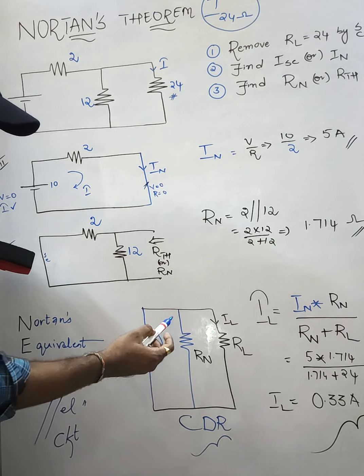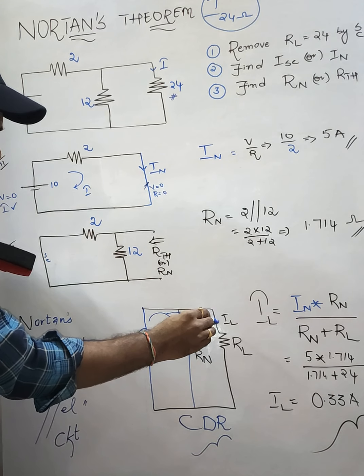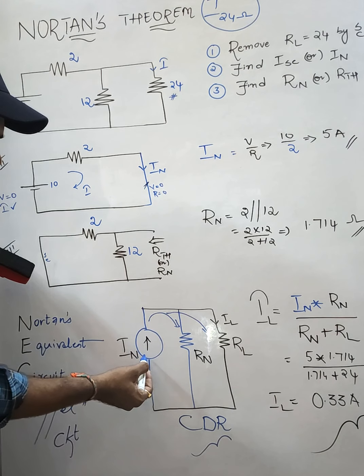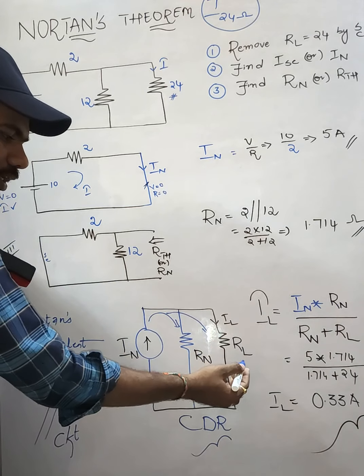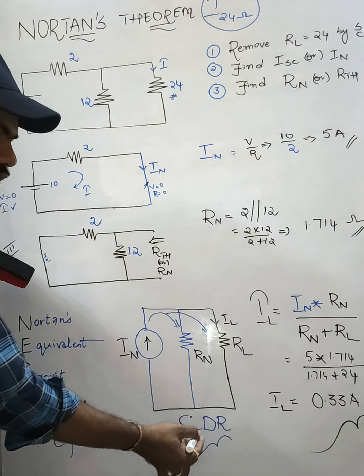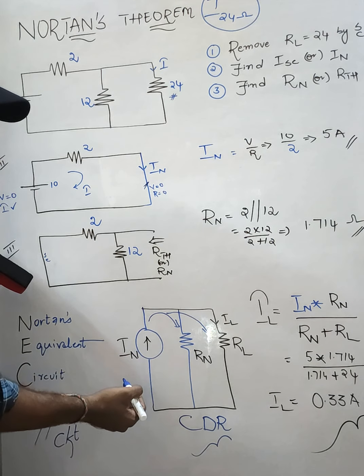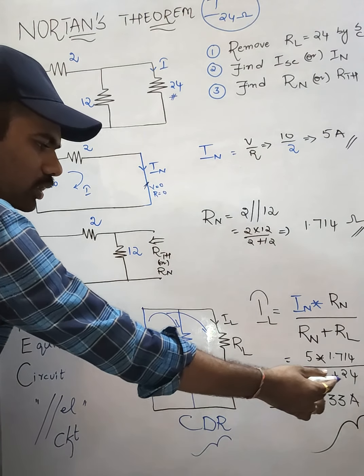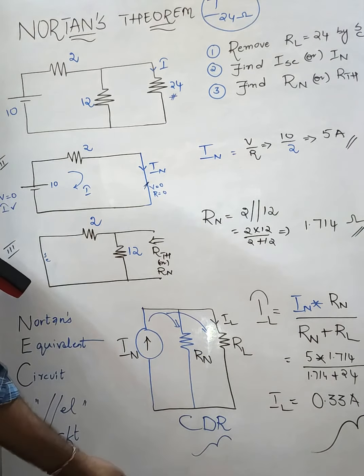The current division formula is the total current, the Norton current, times the opposite resistance Rn, divided by the summation of these 2 resistances. This arrow mark indicates a current source. With the Norton current 5 and resistance 1.714 divided by the summation, the load current is 0.33 amperes. The same result holds for Thevenin's.